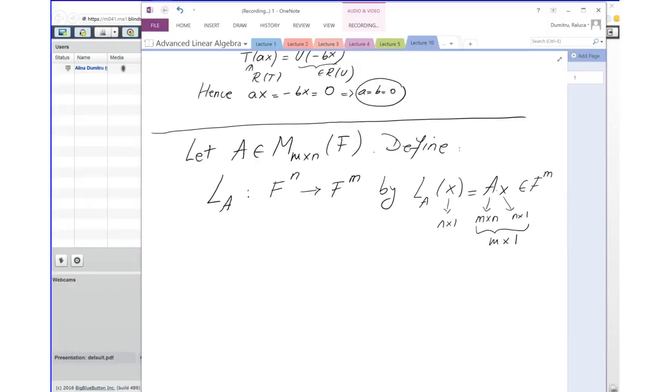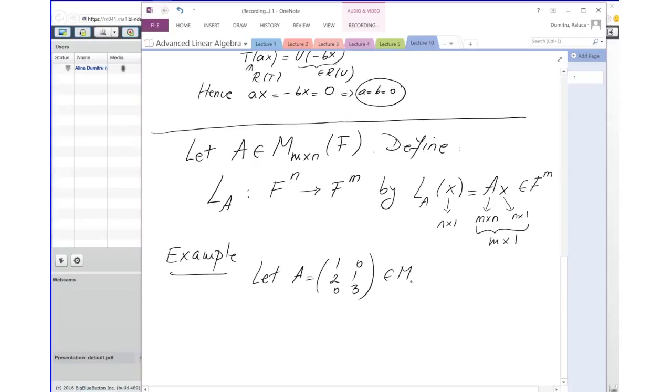So is it clear what this does? So basically you have a matrix and you multiply that matrix to the left, right? So for example, let's say A is 1, 0, 2, 1, 0, 3.